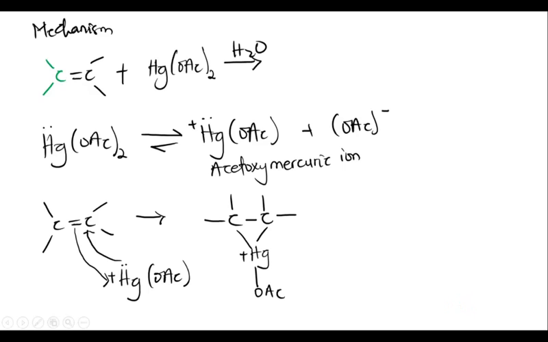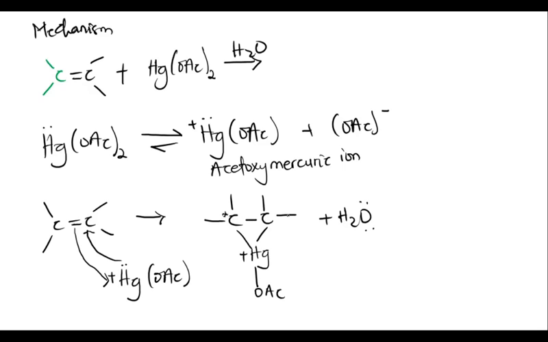Now remember, this reaction is an electrophilic reaction. Okay, so now that we have this, water now comes to attack. The water will attack the most substituted carbon, which I'm using the first carbon that I used the green for as this. So I'm assuming this is still green, so this is our most substituted carbon.